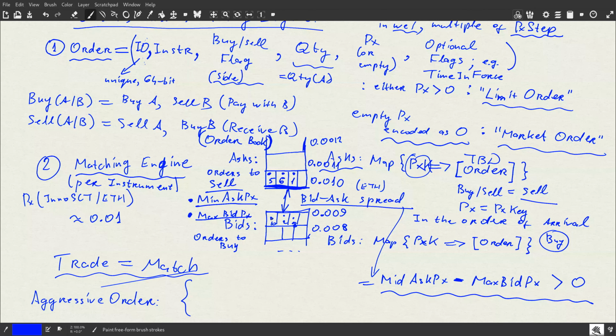Okay, before going into that, let me say that even before we consider those aggressive orders, in this passive situation, when the orders are just staying in the order book, what can one do with the orders? There are basically only two possible operations. Submit an order or delete an order.